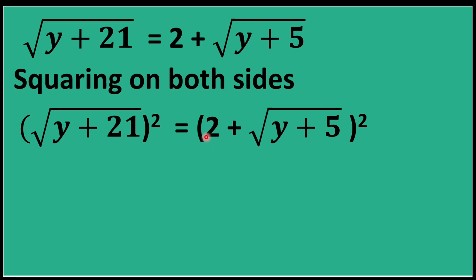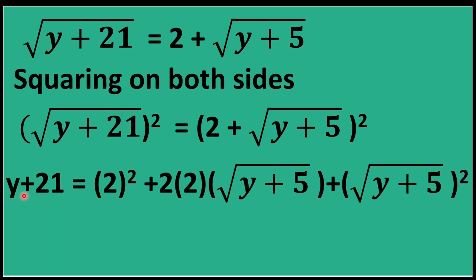And here this is basically in the form of a plus b whole squared. So a plus b whole squared equal to a squared plus 2ab plus b squared. We will expand this according to this formula. So overall the equation will become y plus 21 equal to a squared, that is 2 squared, plus 2ab.